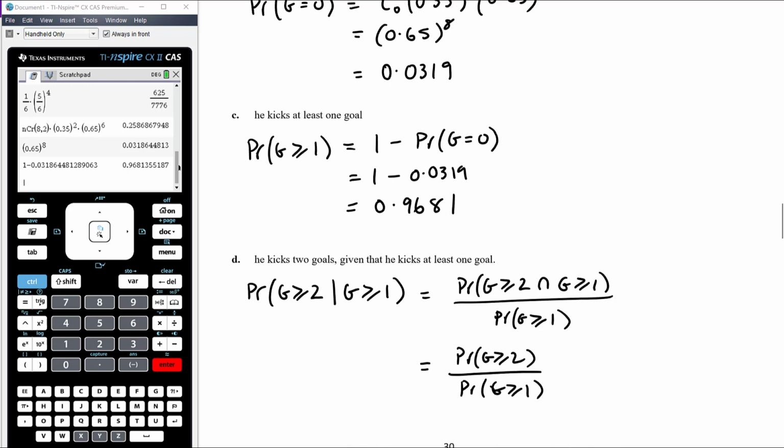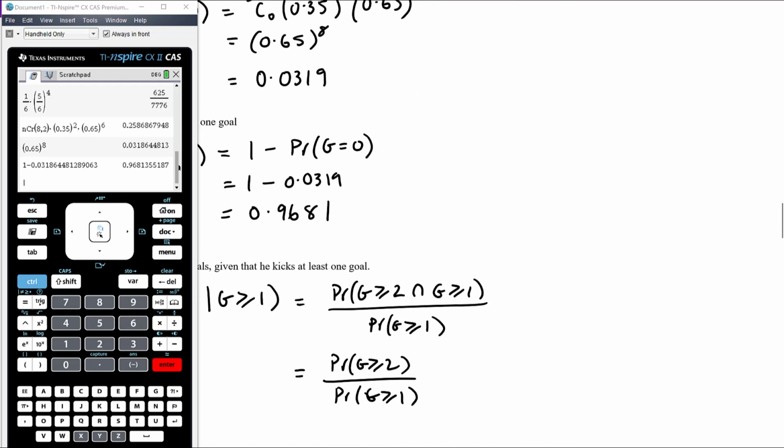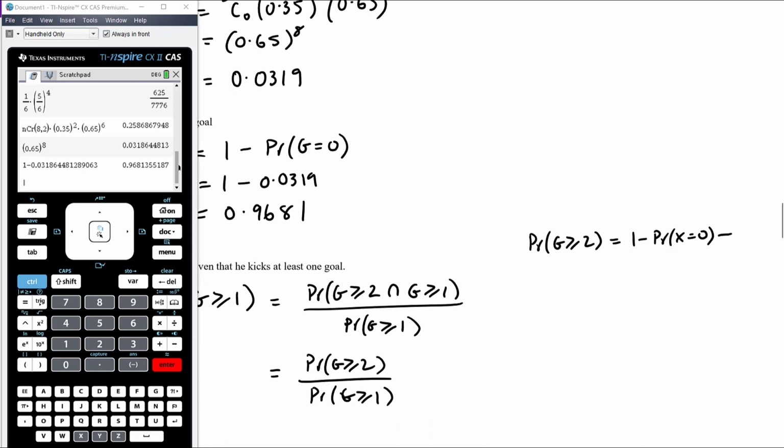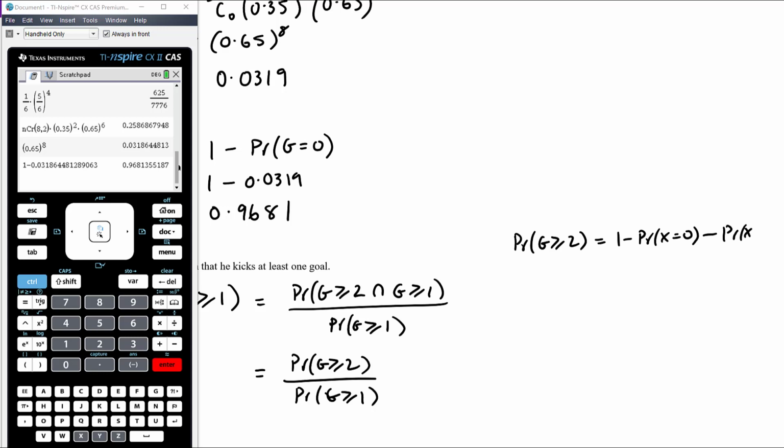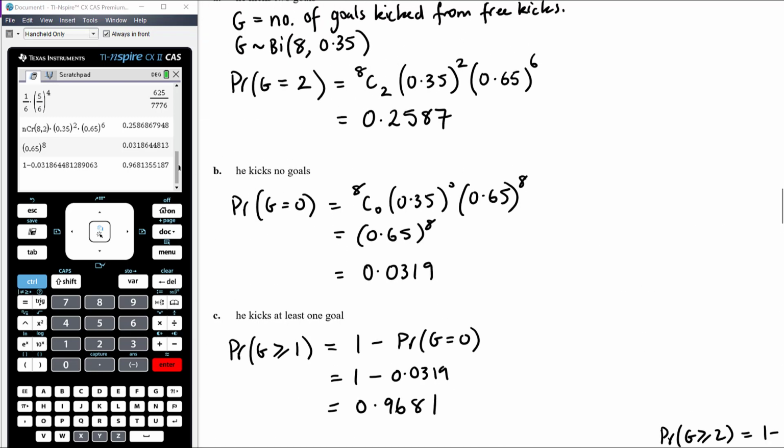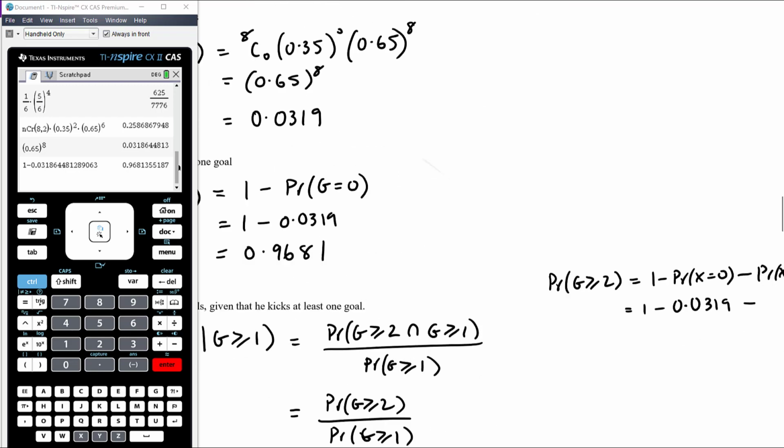So let's think about at least 2 goals. I'm just going to do that separately out here. The probability that he gets at least 2 goals is the same as 1 minus the probability that he gets no goals minus the probability that he gets 1 goal. We already know no goals is 0.0319. Have we worked out 1 goal? No, we haven't. We've got at least 1 goal.